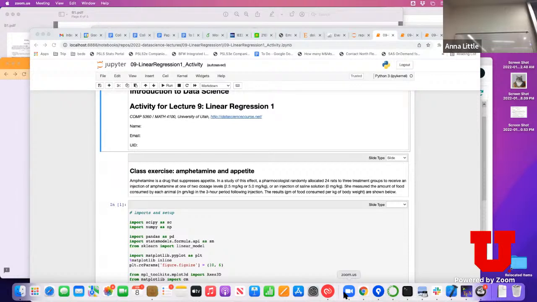If you do 0 in brackets and then times the length of the food consumption of 0, that's going to repeat it. The same for the other ones, but they might be inside the same list, so you might have to use concatenate to put them together, but that's the idea.